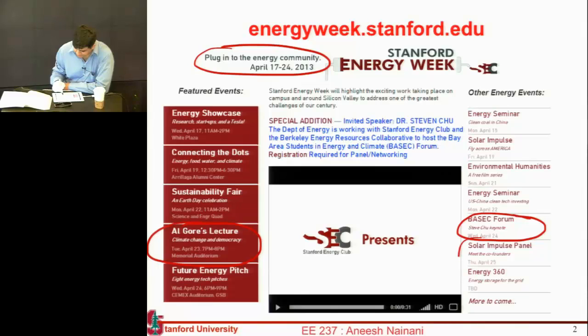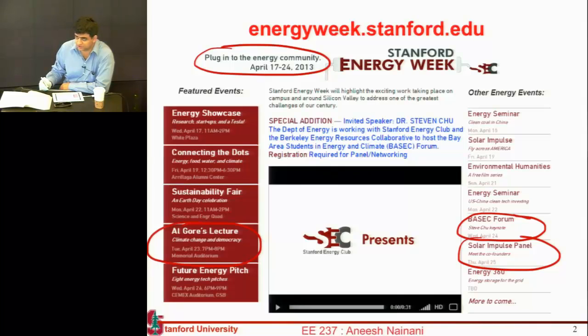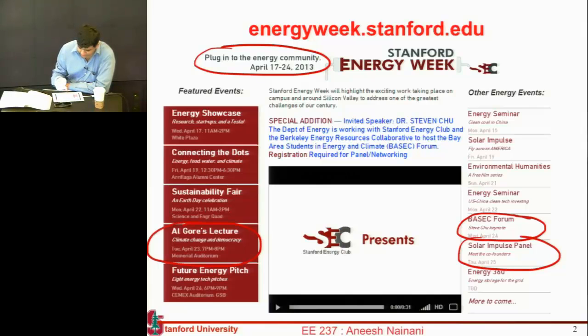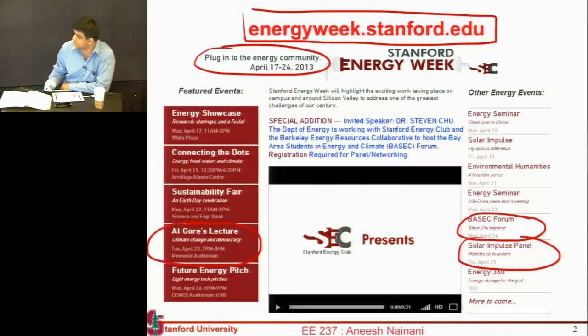There's also this panel by Solar Impulse, which is an aircraft which flies using solar electricity, and all of these are scheduled this week, so I encourage you to take a look. All of them are free to attend, and the website for this is energyweek.stanford.edu. So go take a look, and if you have time, I encourage you to attend some of these events.